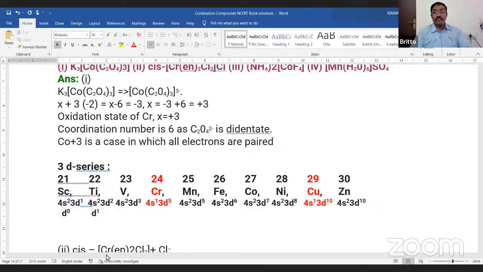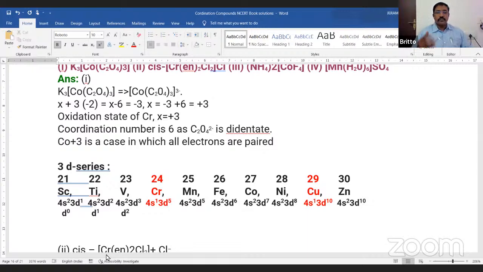And vanadium 23, 4s2, 3d3. And then vanadium 3 plus: 2 plus 3, 5, minus 3 becomes what? 2. So d2 for vanadium 3 plus. The general oxidation states of the 3d series, the first transition series, include +2 and +3 also.